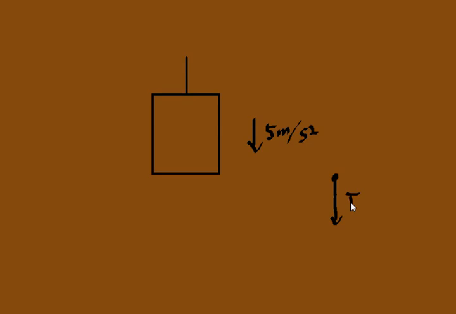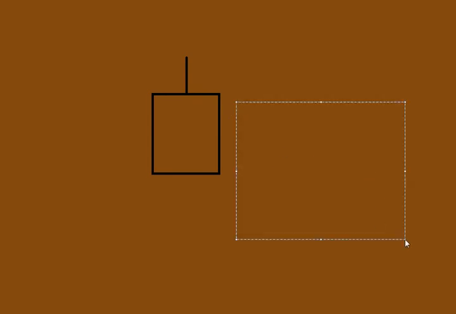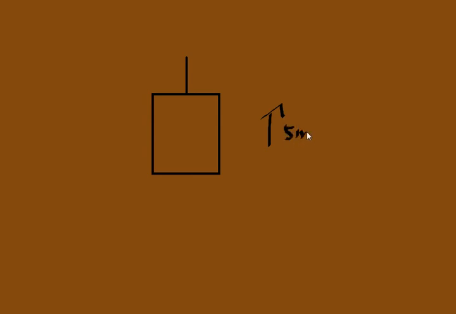So this Fg is bigger than Ft. Now if the elevator is accelerating upwards at 5 meters per second squared, this upward force has to be bigger than the downward force, so it will be like this.